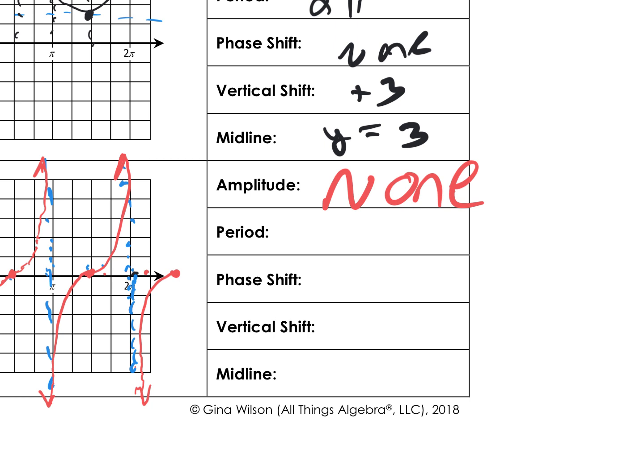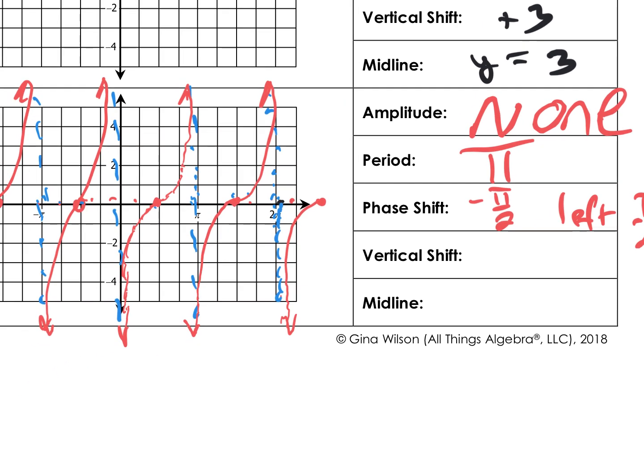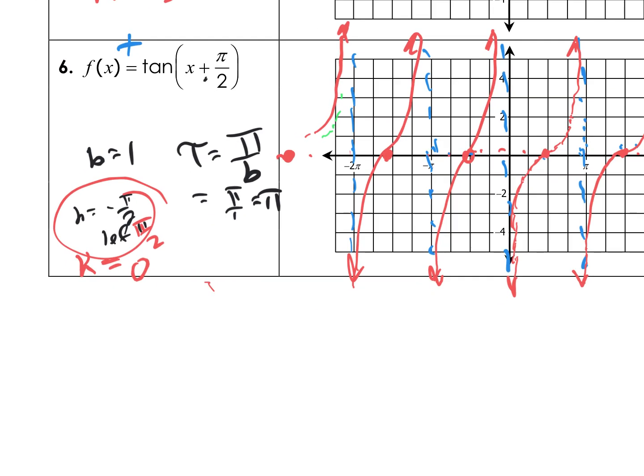What's my period? Pi. What was my phase shift? Pi over 2. Was it right or left? Left. Then it was negative pi over 2 means left. I was so close. Pi over 2. Are you sure? Super. Wait, check. Well, there it is. It is left pi over 2.